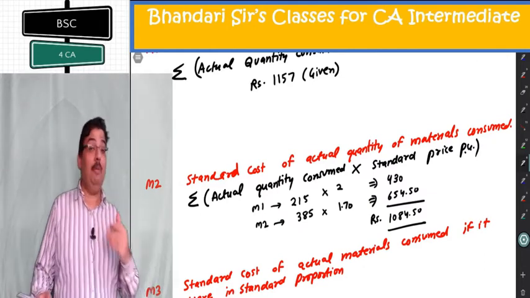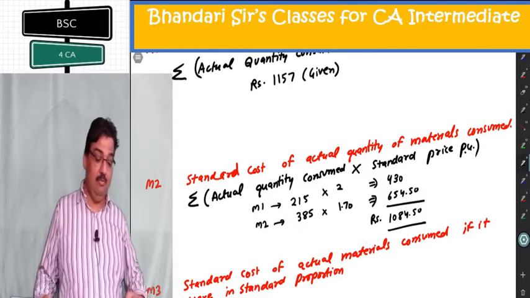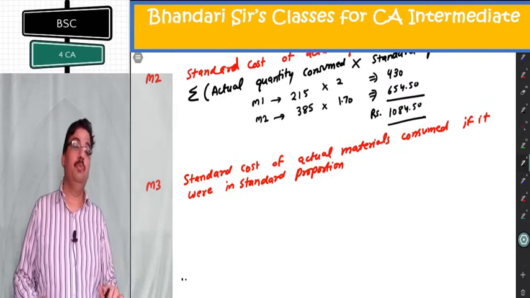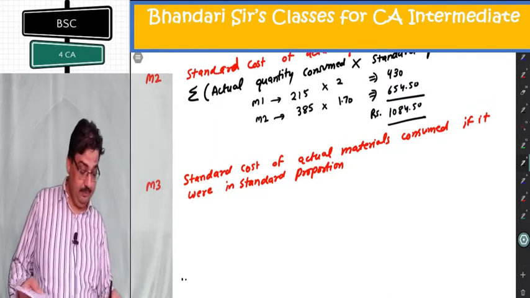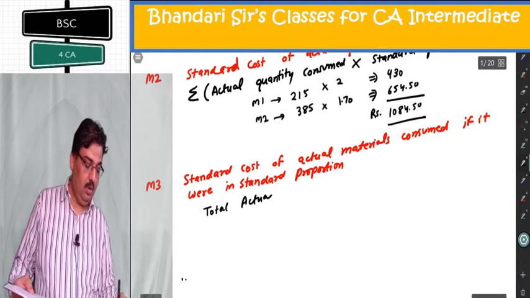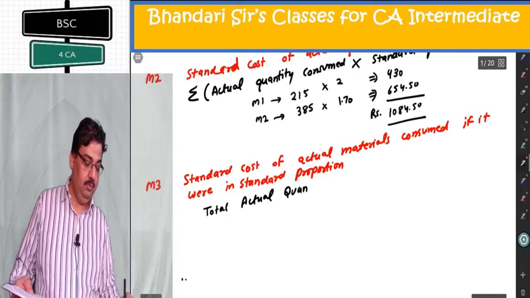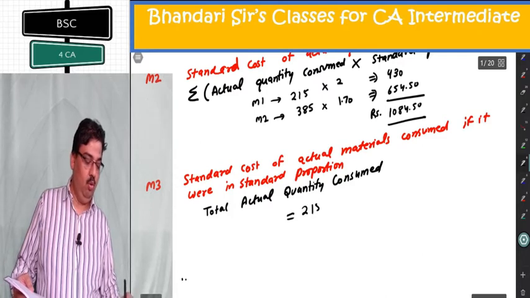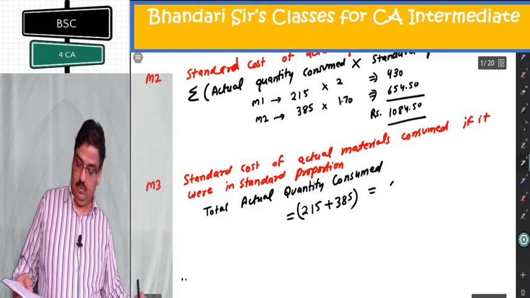Now M3 is applicable here. You need to practice M3 for sure, but having done SV3, M3 will be easy for you. So concentrate on this M3. Total actual quantity consumed, 215 plus 385.